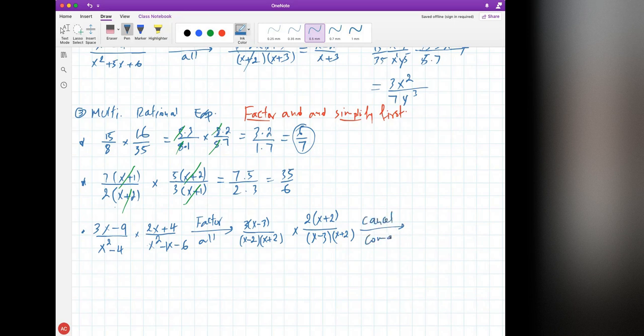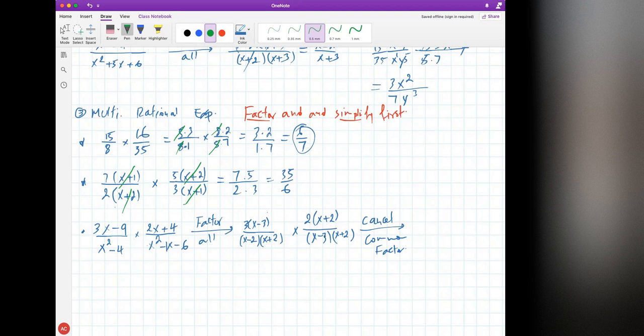Common factors, all of them, before multiplying. So it will make things a lot easier. So what do we cancel? Any common factors, x plus 2 from the top and the bottom. Okay, so it looks like first we can cancel within each fraction if possible.